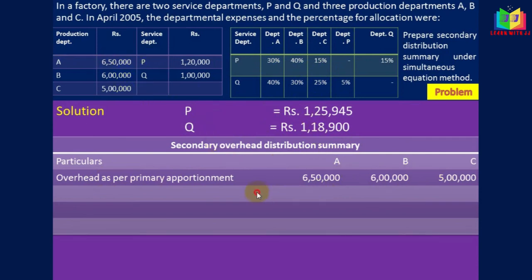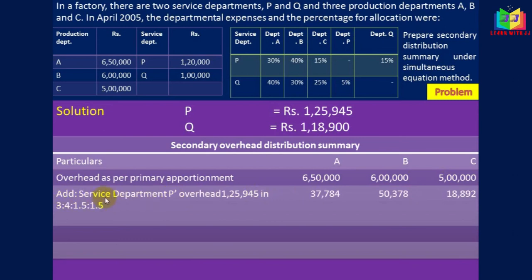Next we add the service department P's overhead, allocated to A, B and C in the ratio 30 is to 40 is to 15 is to 15, but we need not give it to Q; we can stop at A, B, C. I converted the percentage into ratio, 3 is to 4 is to 1.5 is to 1.5.